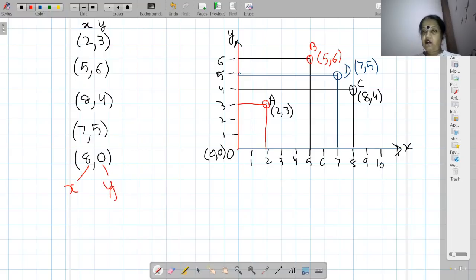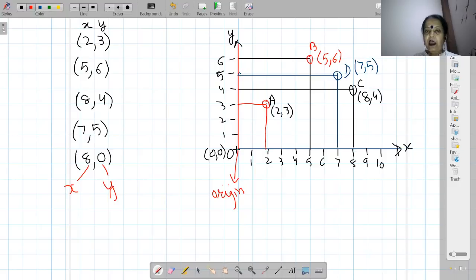So x value is 8 and here y value is 0. As I have told, this is the origin. Origin coordinates are 0 and 0. तो हमारे पास यहाँ पे x value is 8 and y is 0. So what does it mean? देखिए x value is 8 यहाँ पर है and y value is 0. So this whole line is of y.